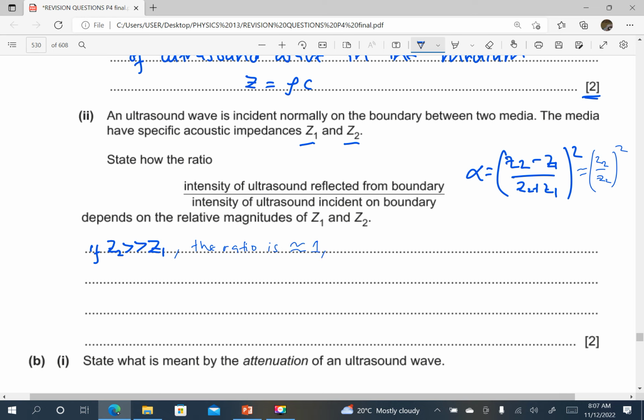And what does this imply? If the ratio alpha is approximately equal to 1, then this means more reflection. Remember, it is the intensity reflected over the incident intensity. So this means more reflection, little transmission.